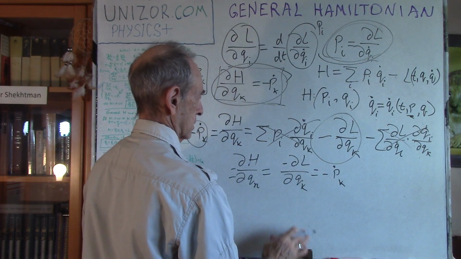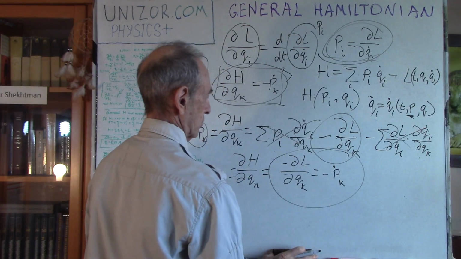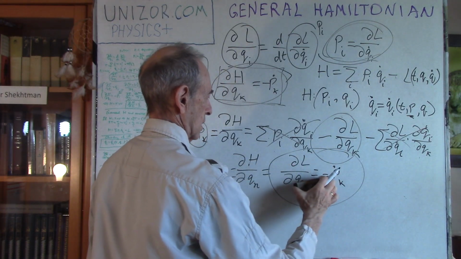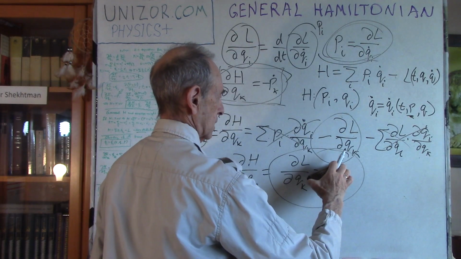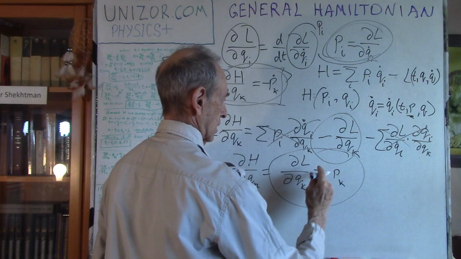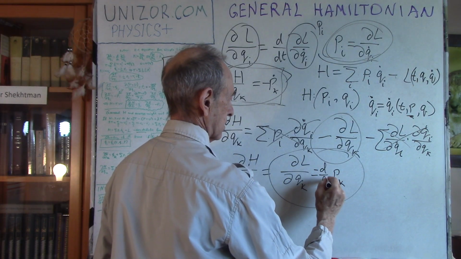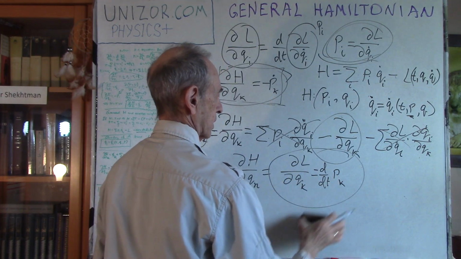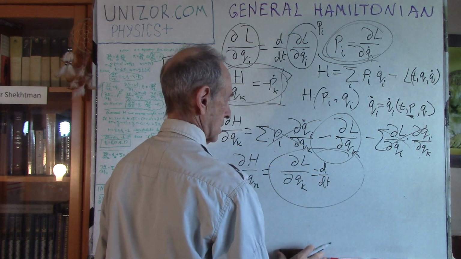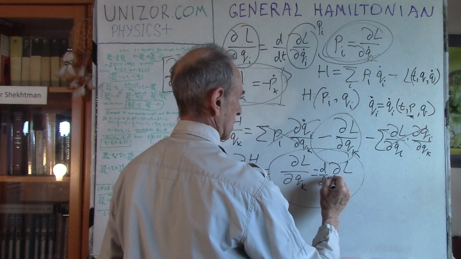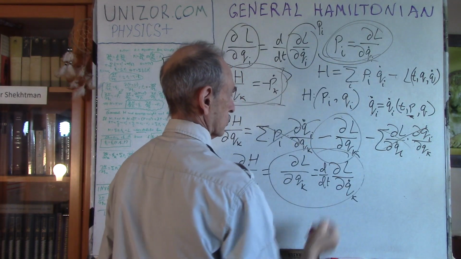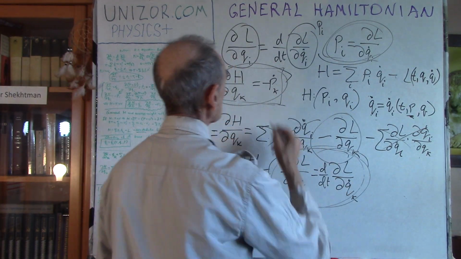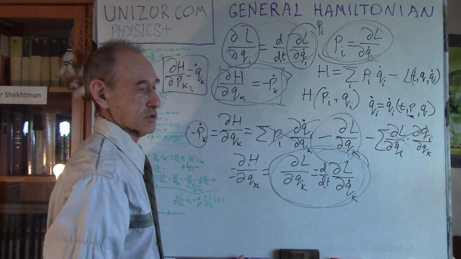So that's what we actually came up with. But what is this? Both are minus, can be pluses, right? Now dot is actually d by dt, right? And pk is by definition dL by dqk dot, by definition. And what is this? This is the Euler-Lagrange equation.